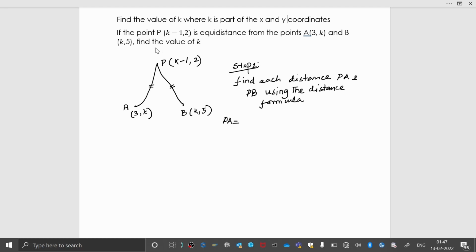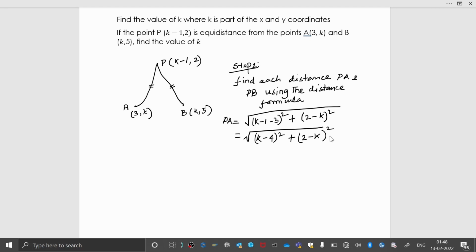If we consider P as (x2, y2) and A as (x1, y1), we can take the square root of (k minus 1 minus 3) whole square plus (2 minus k) whole square, which is nothing but the square root of (k minus 1 minus 3, which is minus 4) square plus (2 minus k) square.